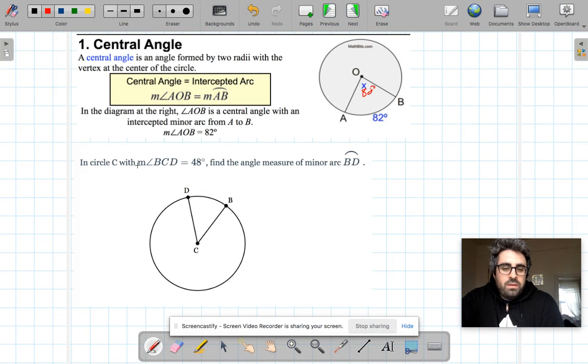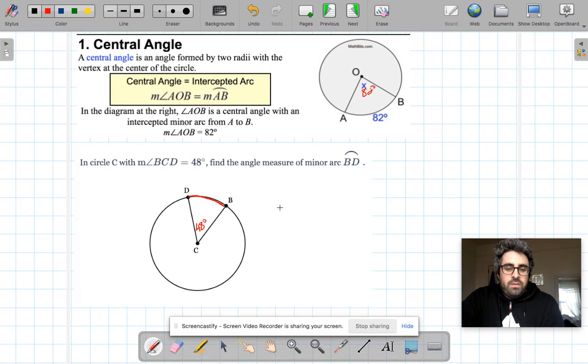So in circle C, with the measure of angle BCD equivalent to 48 degrees, find the angle measure of minor arc BD. The minor arc means an arc less than 180 degrees, so we're referring to this one. And the central angle is 48.